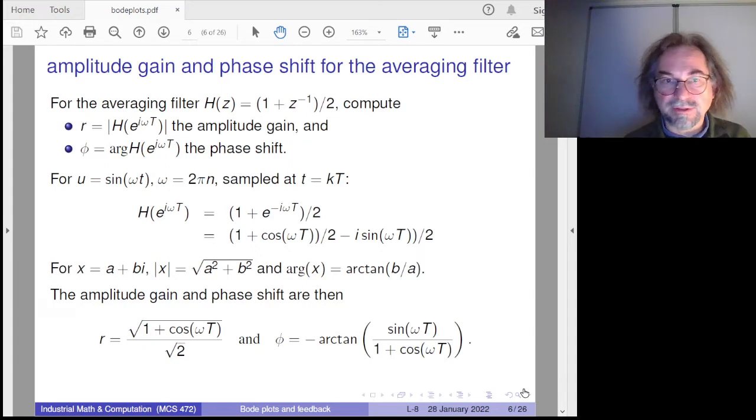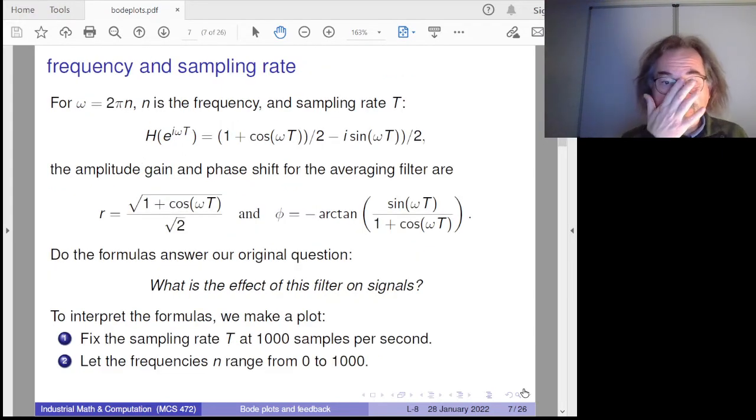Okay, let's do plotting. I'm trying to explain here what these formulas still mean. We have the radius expressed as a function of omega and the sampling rate T. The omega incorporates the frequency of the input signal. The sampling rate is the rate at which we have sampled the signal.